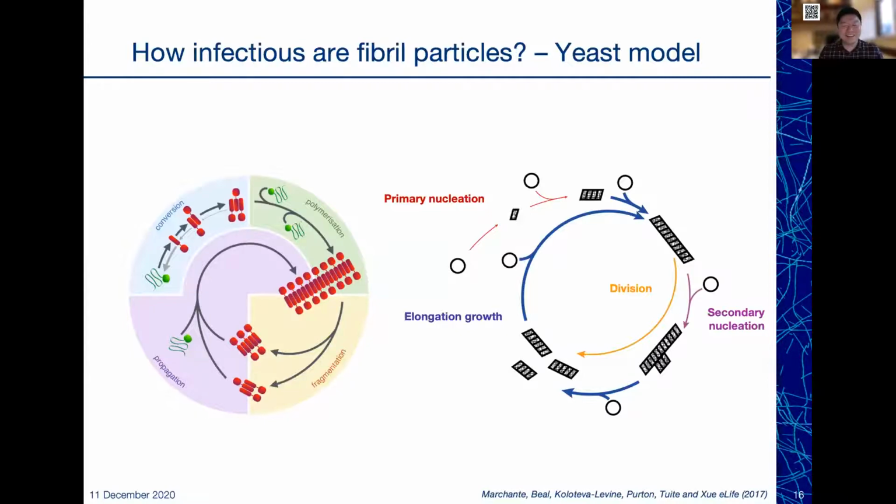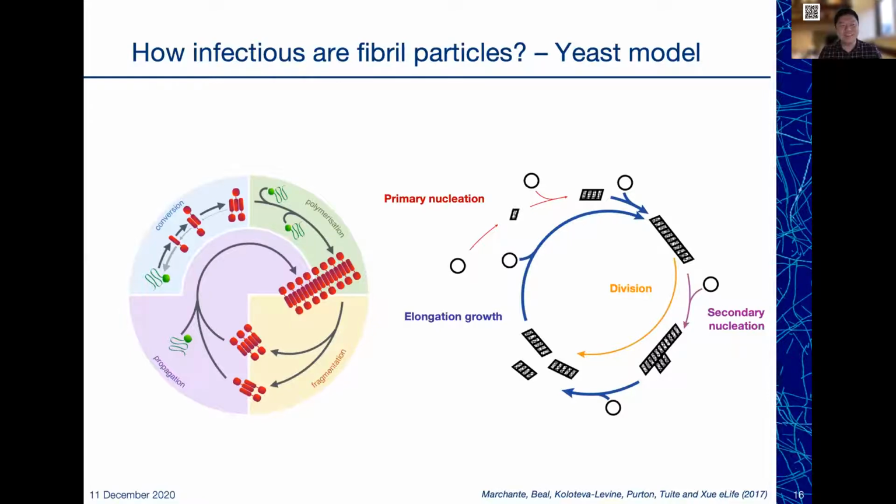Prions can also exist in yeast, so we use that as a model system to study how prion particles can be taken into cells, in order to look at the infectious potential and how that is affected by fibril fragmentation.